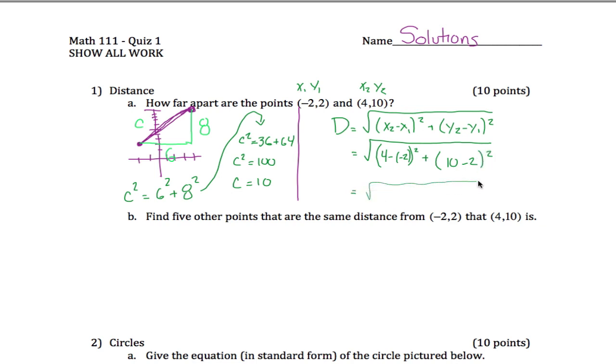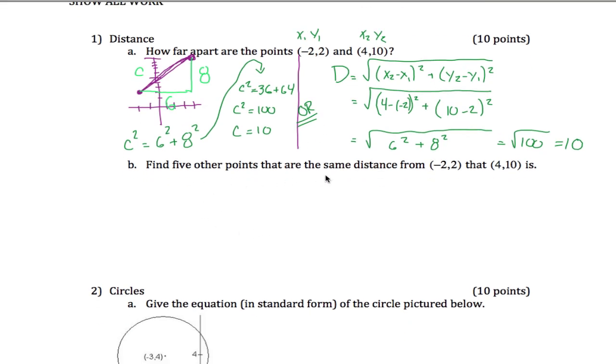What we get is the square root of 4 minus -2 is 6, 10 minus 2 is 8, so it's the square root of 6 squared plus 8 squared, but we already figured out 6 squared plus 8 squared is 100, so it's the square root of 100, which is 10. So either way, maybe I write an "or" in here.